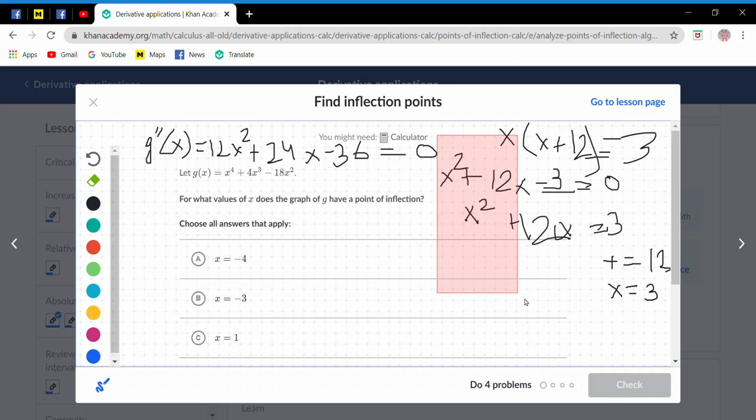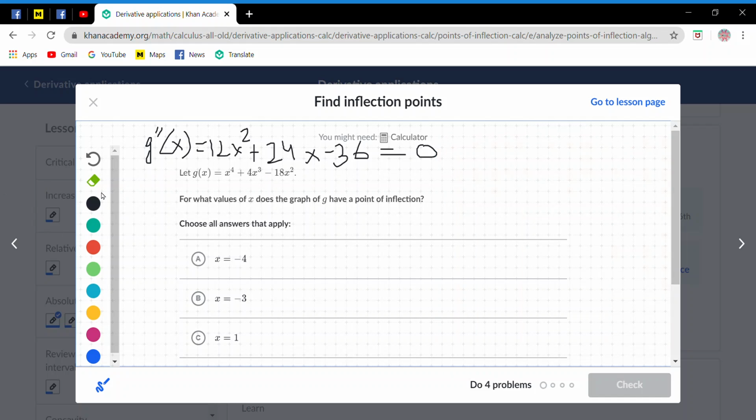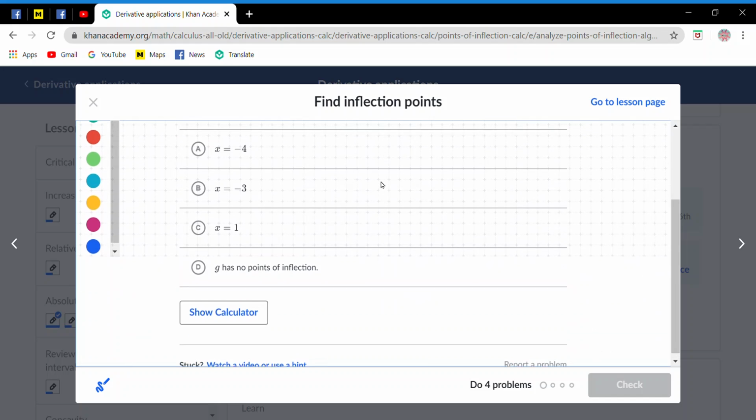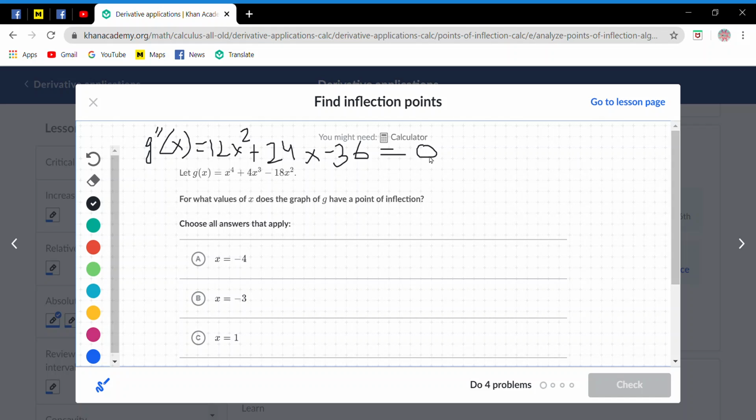Let's erase all of this and let's see. For what x values does the graph of g have a point of inflection? When this is equal to 0, we can factor out 12, so 12 times x squared plus 2x minus 3 equals 0. I mistakenly did it wrong before.